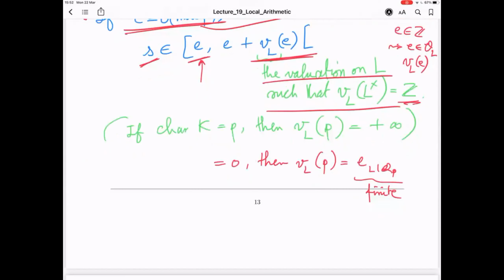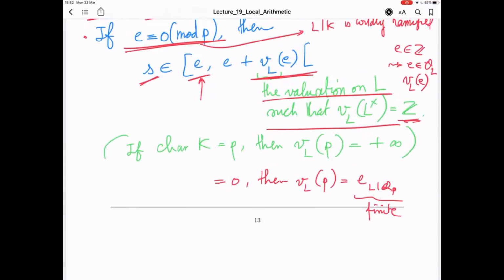So that is the second part of the theorem. It says that if L over K is wildly ramified, then the exponent of the different is between E, the ramification index, and E plus VL of E minus 1. It cannot be equal to this.